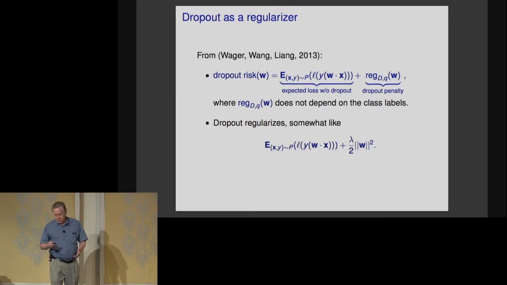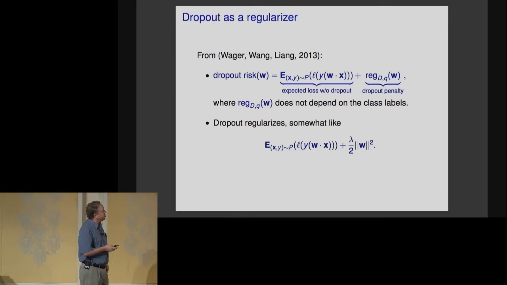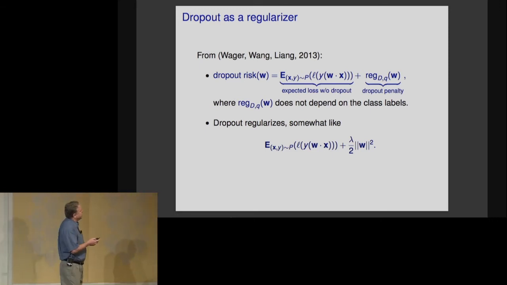So dropout has been viewed as a regularizer by Wager, Wang, and Liang, and they show that the dropout risk of W can be broken up into two terms: an expected loss without using dropout on the undropped-out examples, plus a reg D term that's a dropout penalty for the weight vector that you're using. And this reg D term is adaptive.